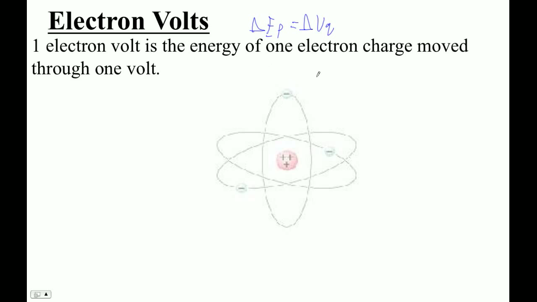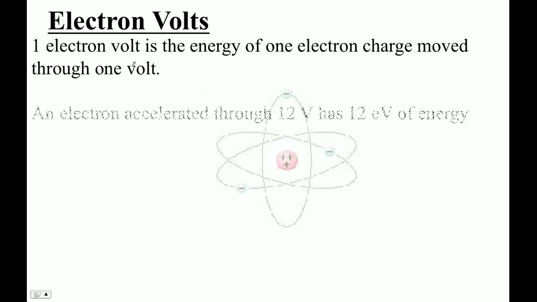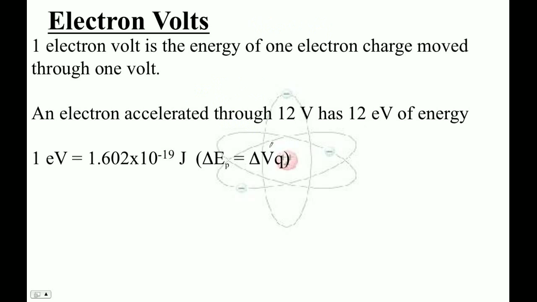Or let's mix it up here. What if I move 3 electron charges through 5 volts? I would have 15 electron volts, right? So it's just basically we're talking about charge in units of electron charges and voltage in units of voltage, okay? Let's try another one here. An electron accelerated through 12 volts has 12 electron volts of energy, right?